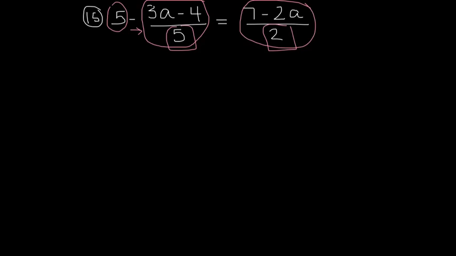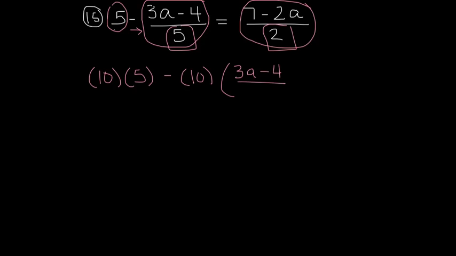So if I multiply this 5 by 10, that gives me 10 times 5. I have the minus then, 10 times 3a minus 4 over 5, equals 10 times 7 minus 2a over 2.